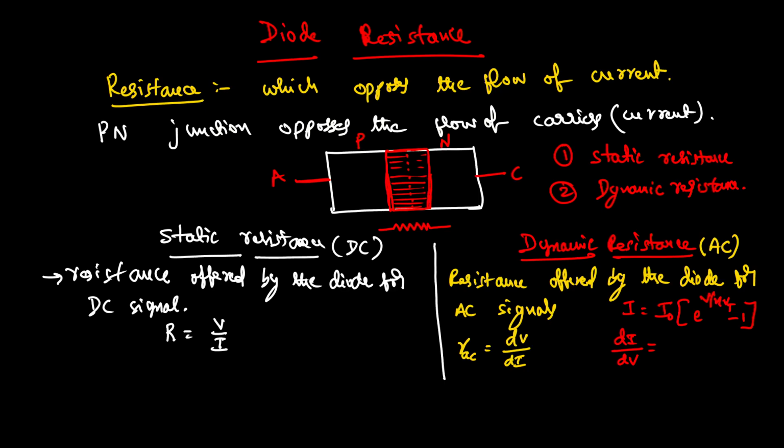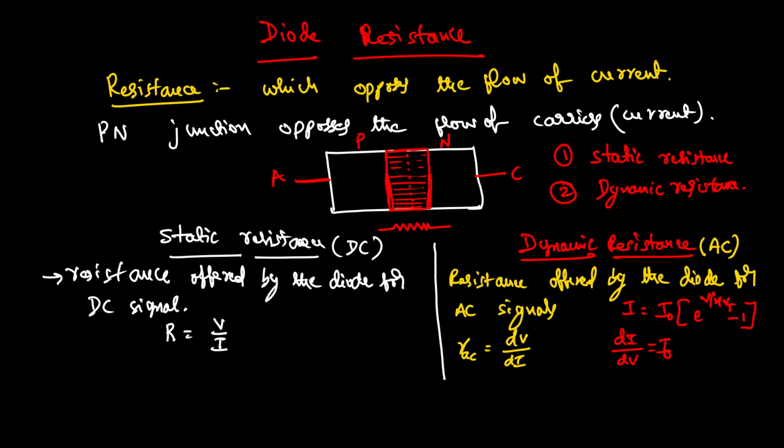I naught is the reverse saturation current, which is independent of the voltage, so we can take I naught as a constant. Differentiation of a constant is 0, so that part I am not writing now. The remaining part is I naught into e to the power of V by eta Vt.